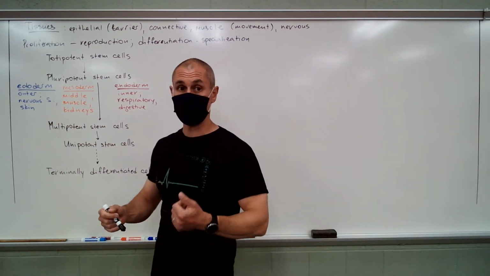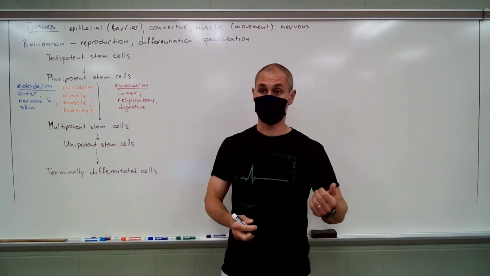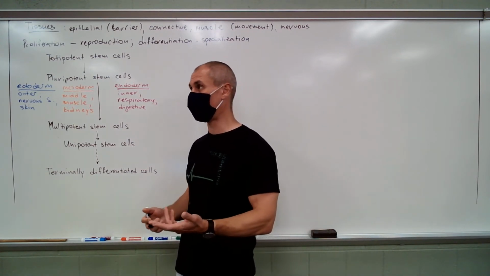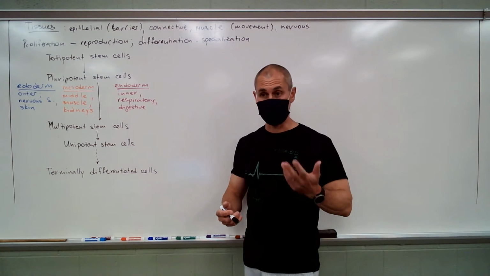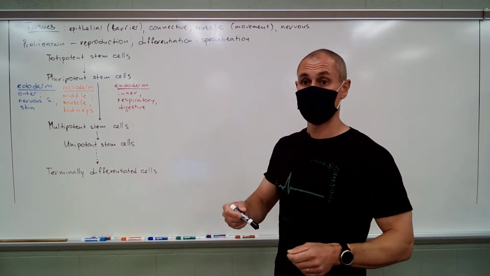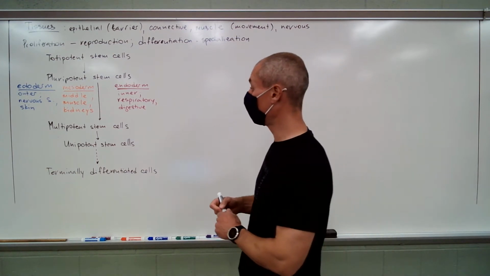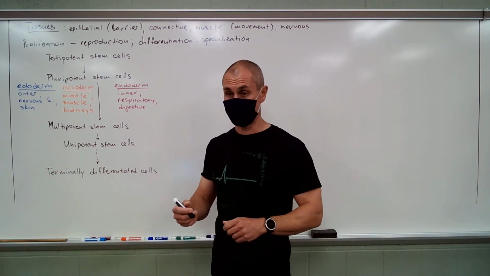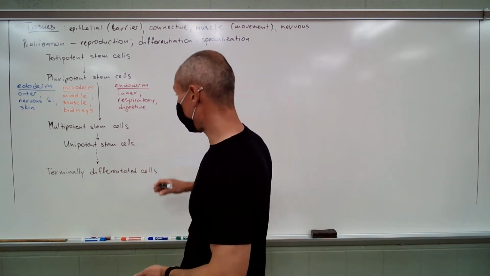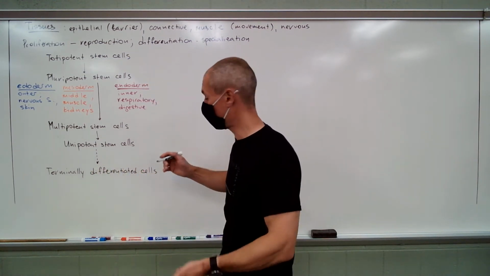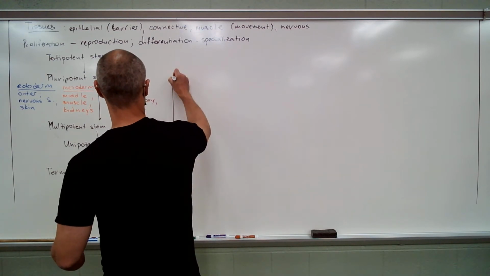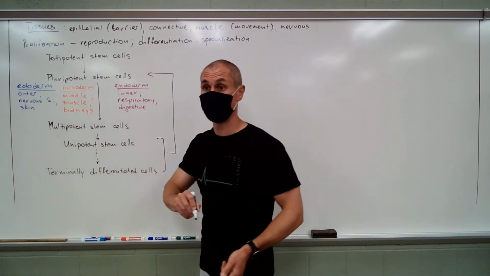But in 2012, there was a Nobel Prize awarded to two scientists, one of them Japanese actually, the other American, who works at the University of California, San Francisco. It was awarded for the development of what's called inducible pluripotent stem cells. So what you do, you take either this or this, doesn't really matter, and you go Benjamin Button on them.